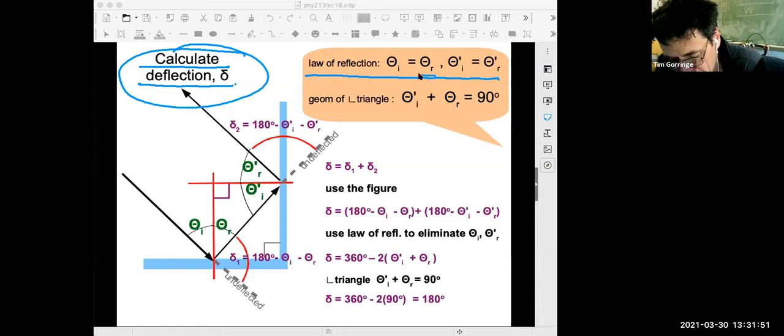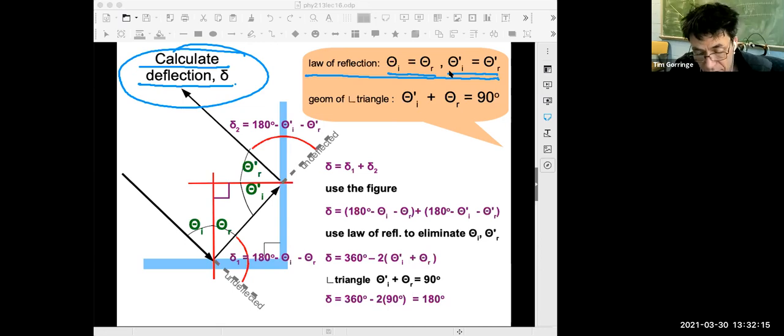That's this equation here. And there's a reflection on this vertical mirror, and the law of reflection says that those incident and reflected angles are the same. I've denoted the angles of the second reflection by these primes. That's the second law of reflection here.